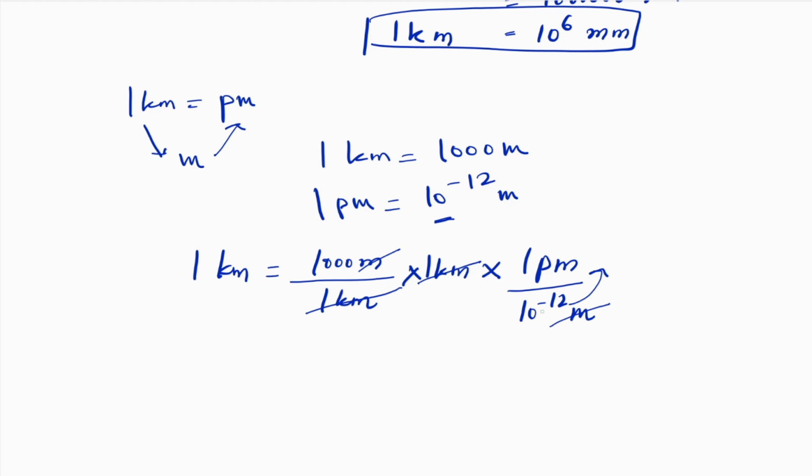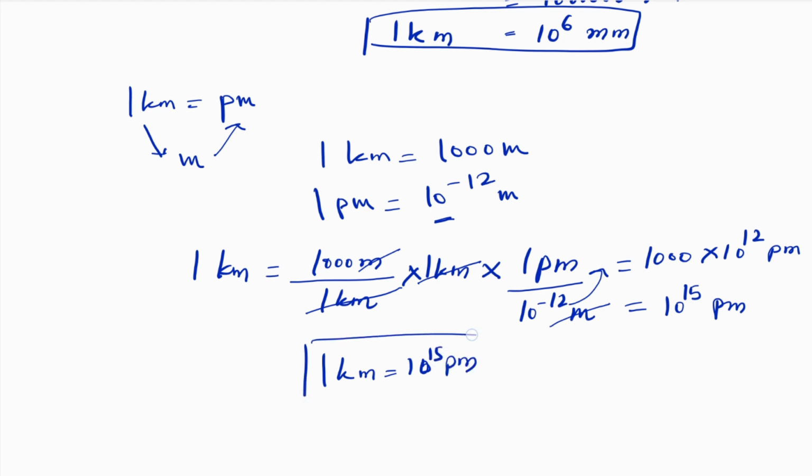So it is negative 12, and now it is going to convert into positive 12. That is 1000 multiplied by 10 raised to power 12 picometer. Okay, this is going to be 10 raised to power 15 picometer. So 1 kilometer is equal to 10 raised to power 15 picometer.